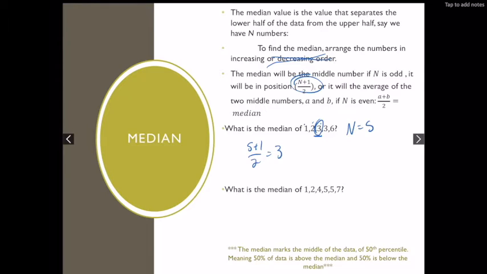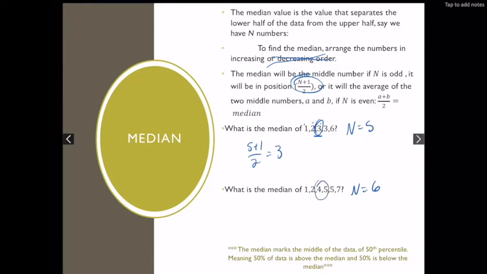Okay, let's take a look at the second data set. I have to find the median of 1, 2, 4, 5, 5, 7. How many pieces of data are in this data set? Well, this data set contains 6 pieces of data. So it's going to be the two middle numbers divided by 2. What are my two middle numbers? 4 and 5.